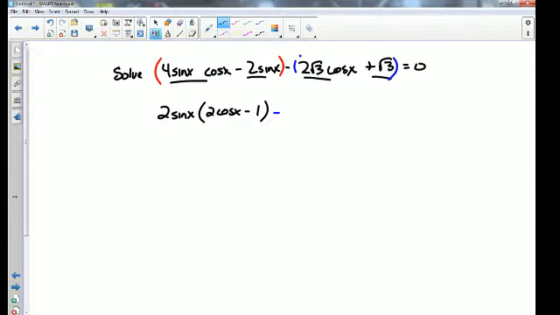What do we take out? √3. 2 cosine x plus 1. Ooh, they match? You betcha. Again, the hard part there is recognizing that and executing that factoring.